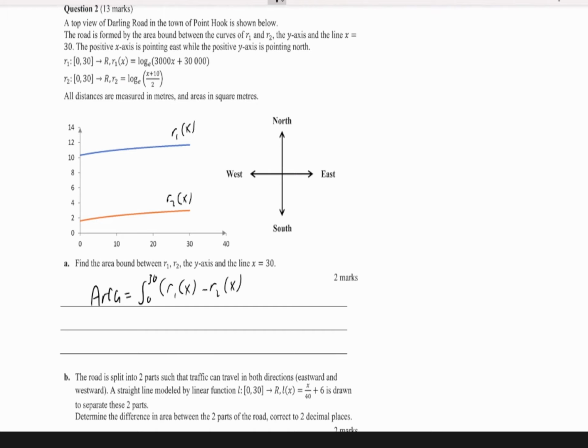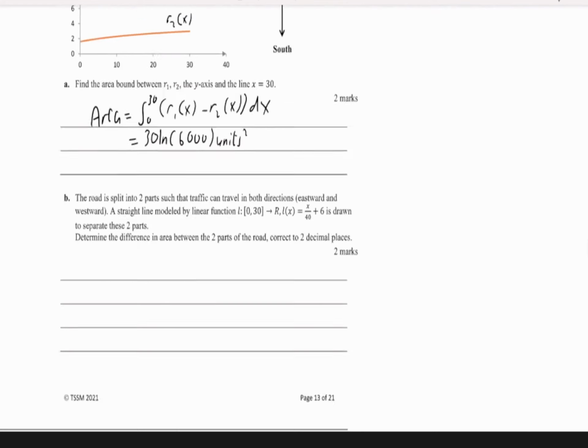You can just get that by plotting these 2 functions in your CAS. And this area here is 30 ln 6,000 units squared, which is approximately 260.985 units squared. I guess you could keep it in exact form. They don't ask you to actually evaluate it.